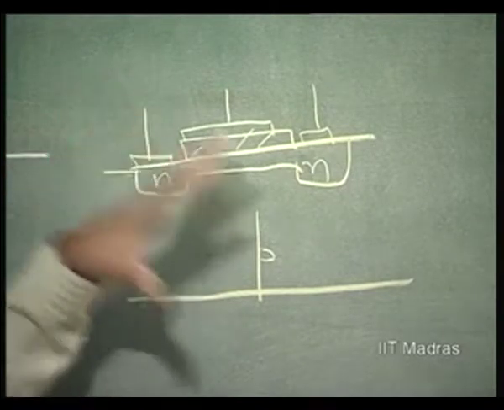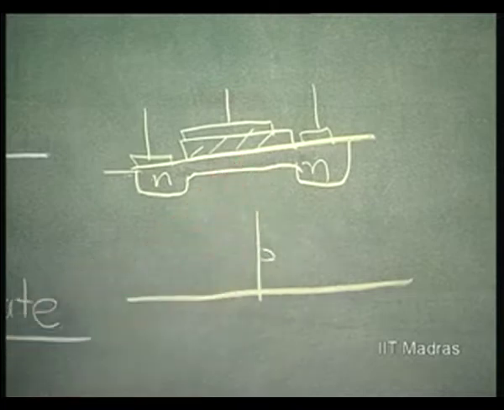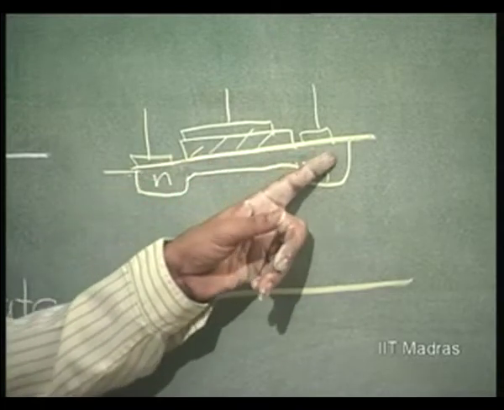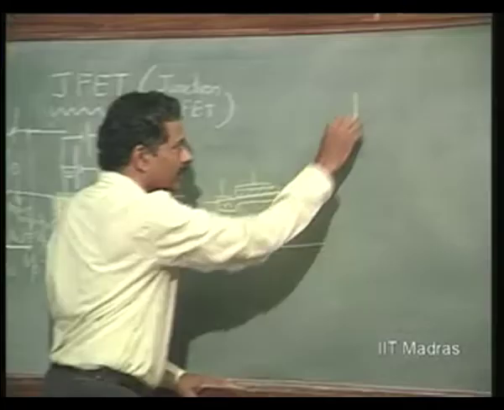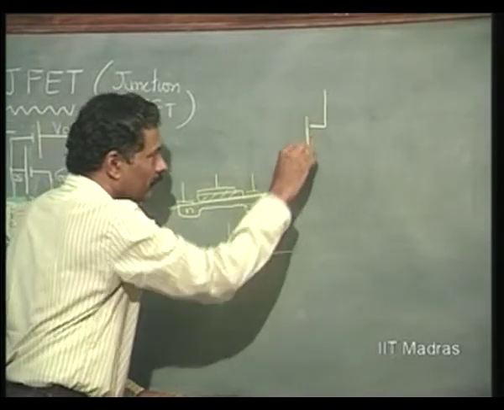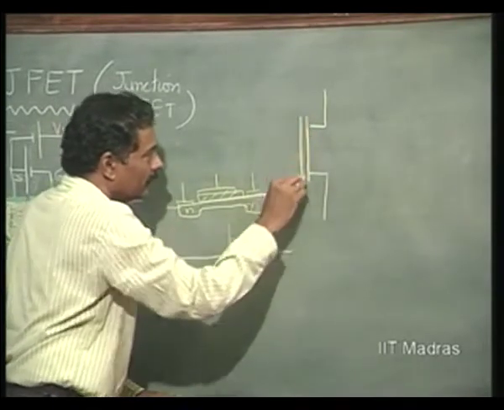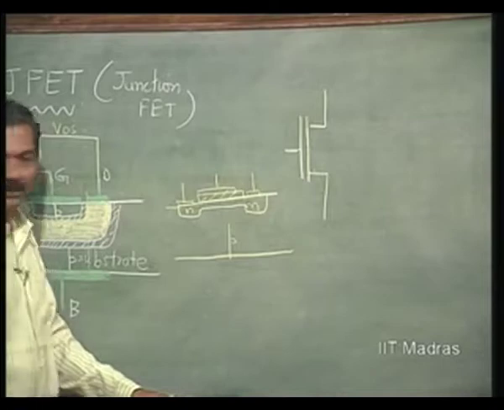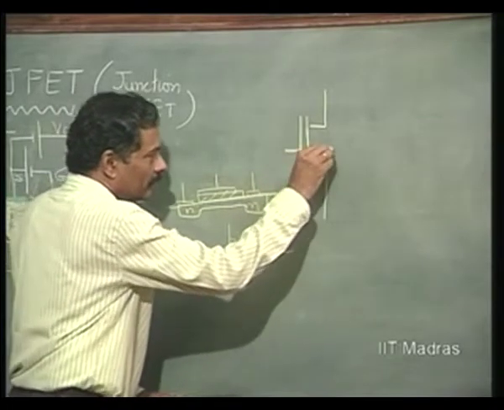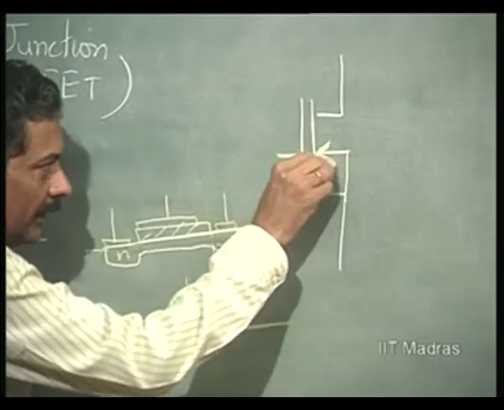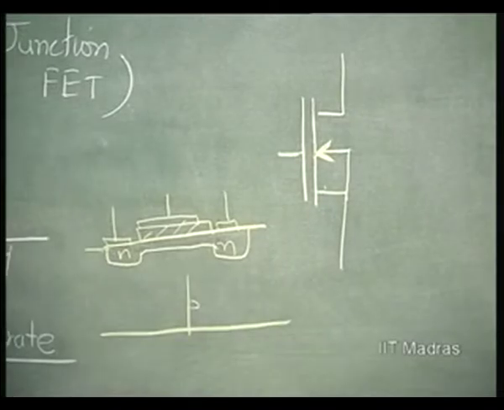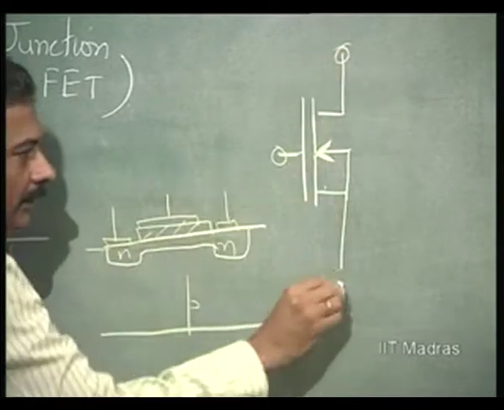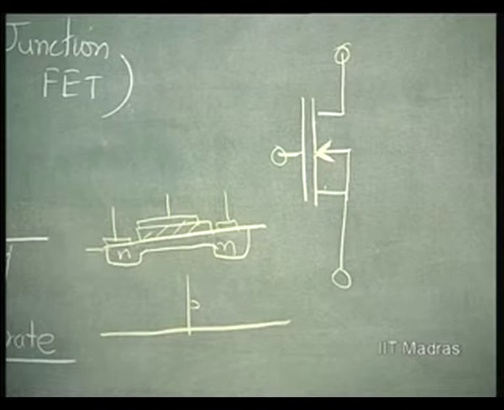As far as the depletion mode MOSFET is concerned, you can have a channel already existing, that means the symbol is very clear. The channel is already there, so it is not broken, and this is the substrate. So, this is the complete symbol, but again this is too cumbersome for us to draw.